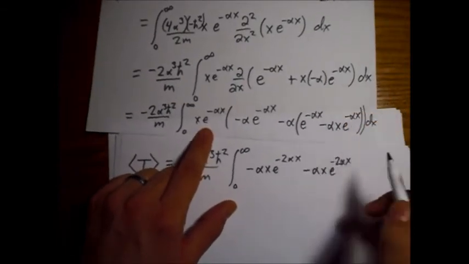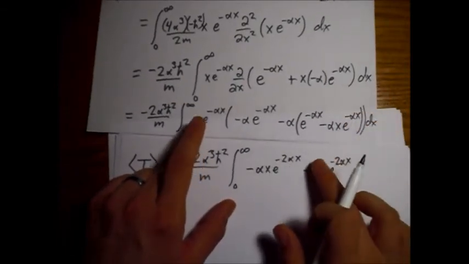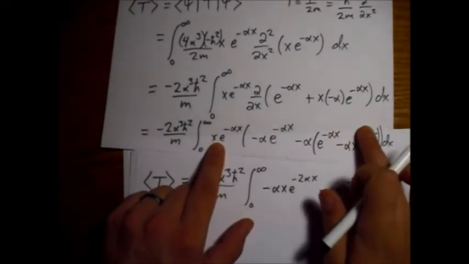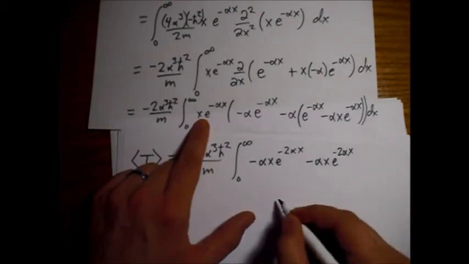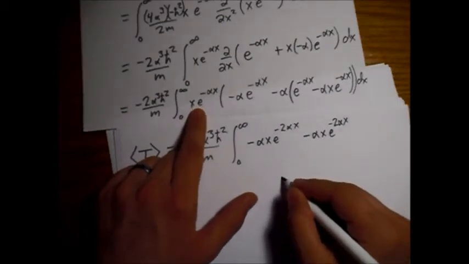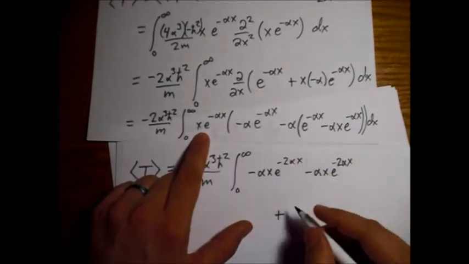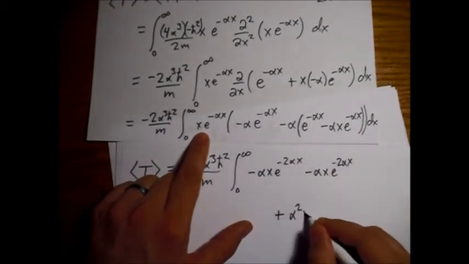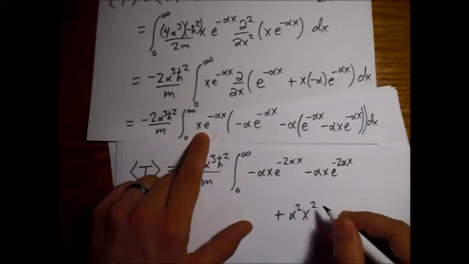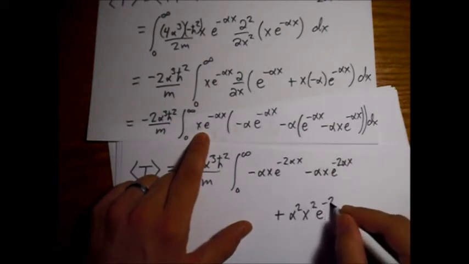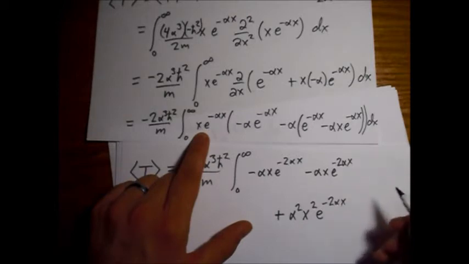Okay. And now we get our final term, which is this minus alpha multiplied by this last term. So we'll come down to this second line here. We get a plus alpha squared x squared, and then our e to the minus 2 alpha x, dx.